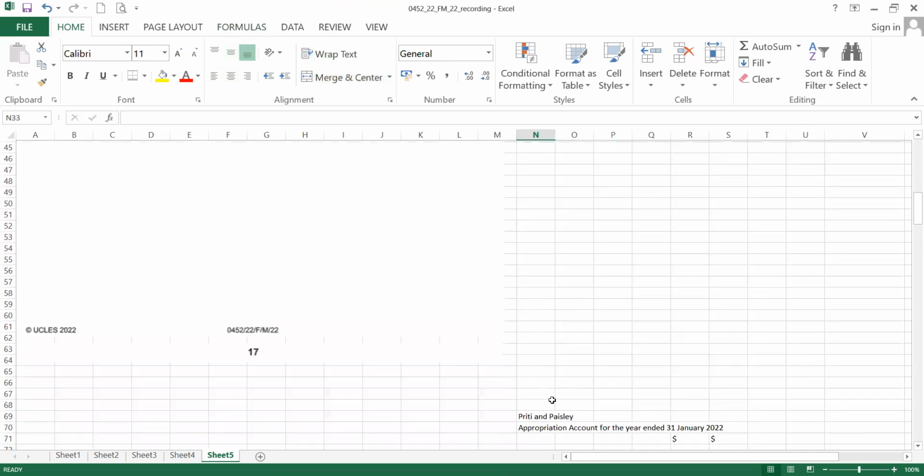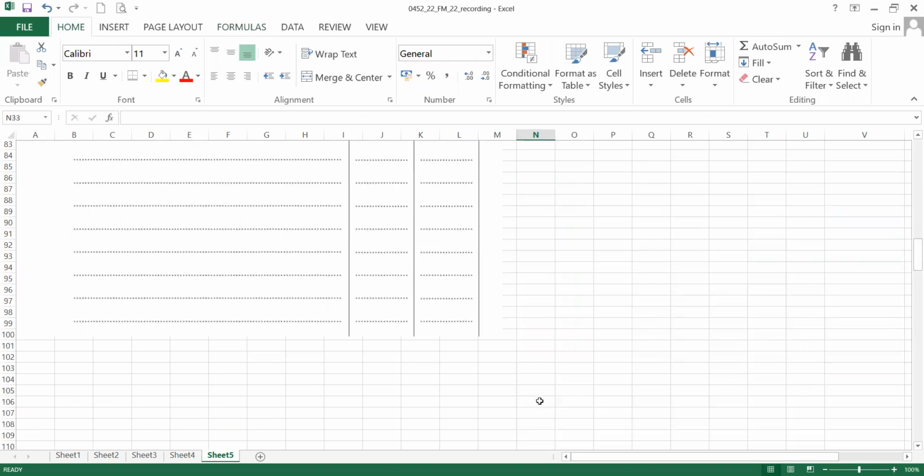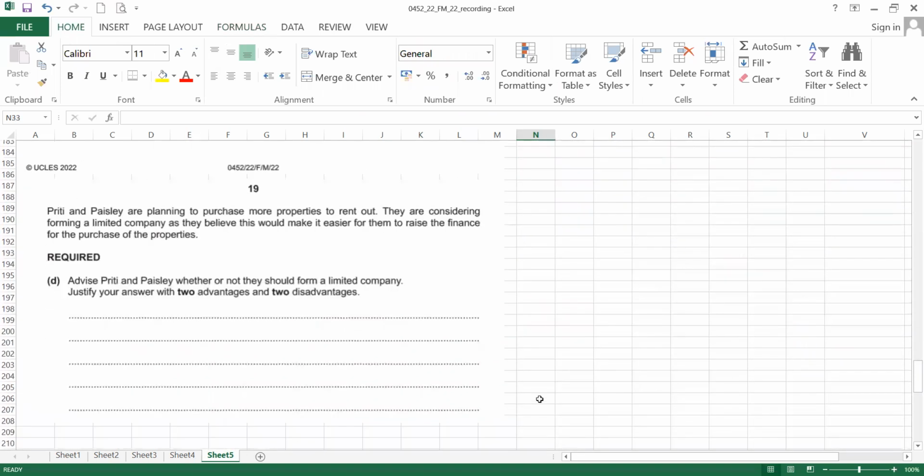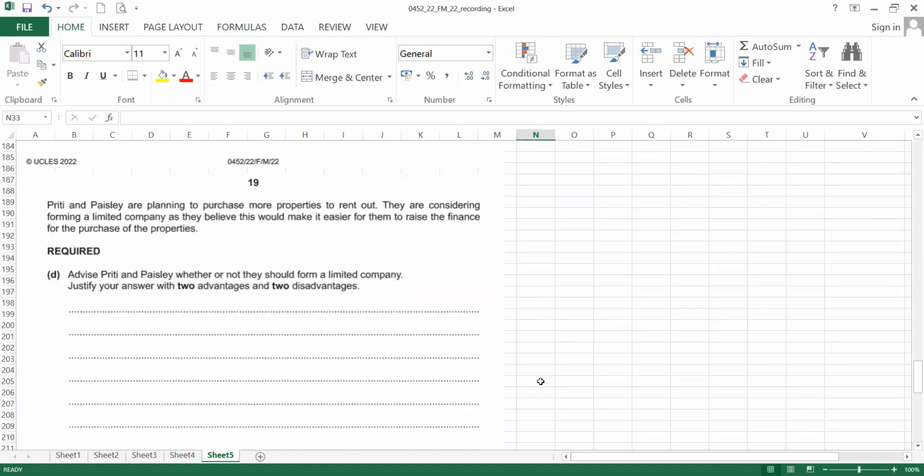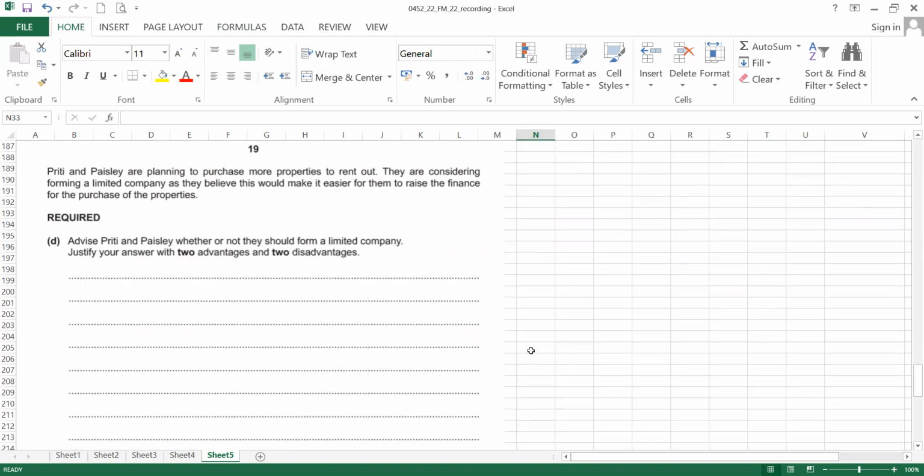Okay. So now next, see what is the question they ask. Pretty and Parsley are planning to purchase more property to rent out. They are considering forming a limited company as they believe this will make it easier for them to raise the finance. Advise Pretty whether or not they should form. There are good and bad points. So the advantages of a limited company: number 1 is limited liability.